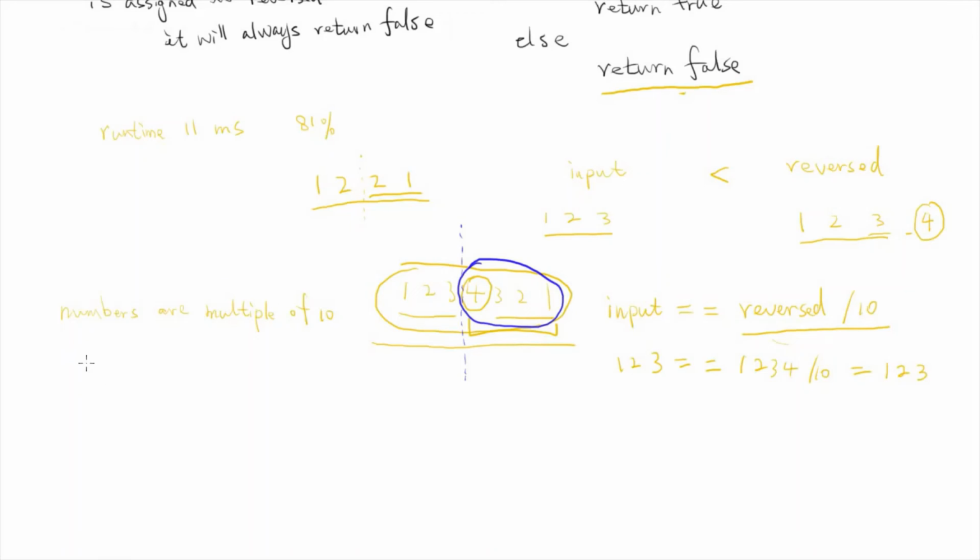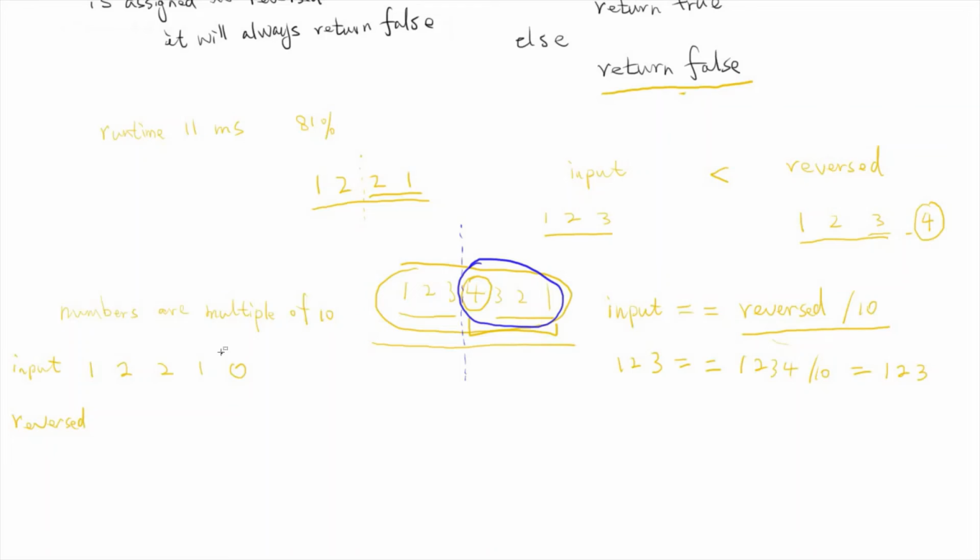For example, we have the number 1, 2, 2, 1, 0. Here's our input, and here is the reversed.